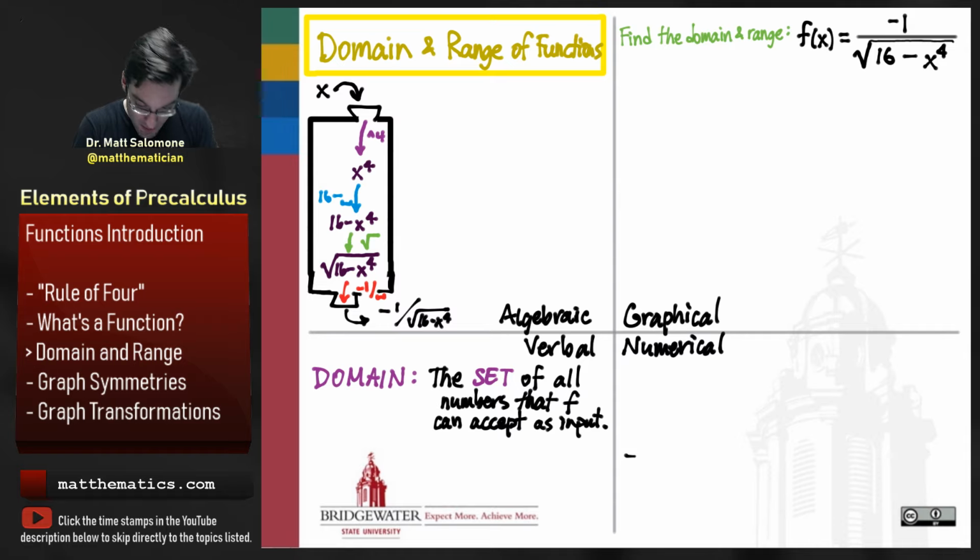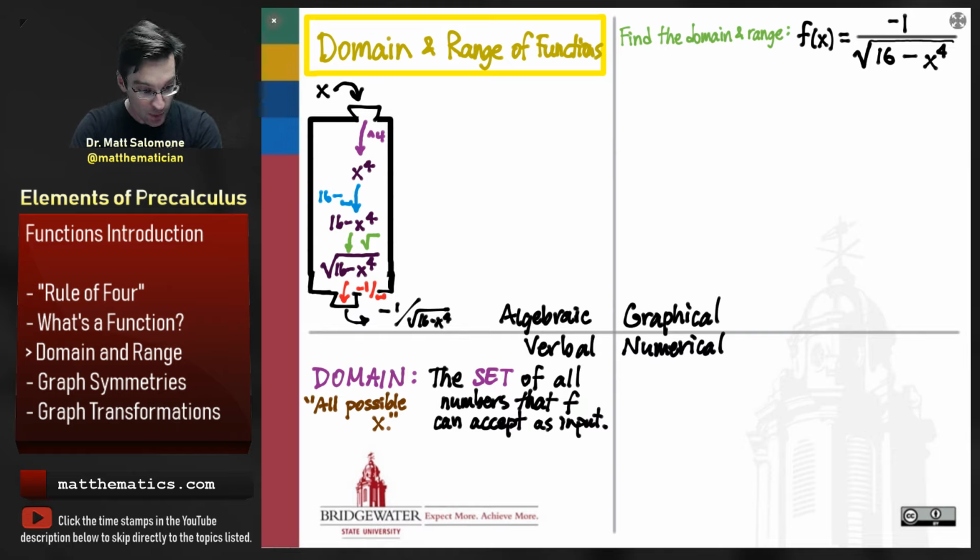So that's my function machine. The domain of my function is everything which is possible to put into this function up on the top, so as to get an output down here at the bottom. And if we want a shortcut way to understand domain, this is all possible x, if we think of x's as representing the inputs to my function. Okay. So that's what domain means from a verbal perspective.